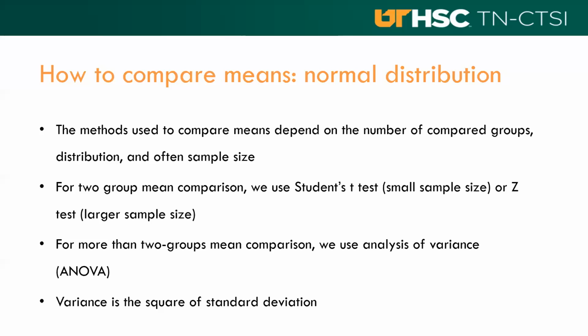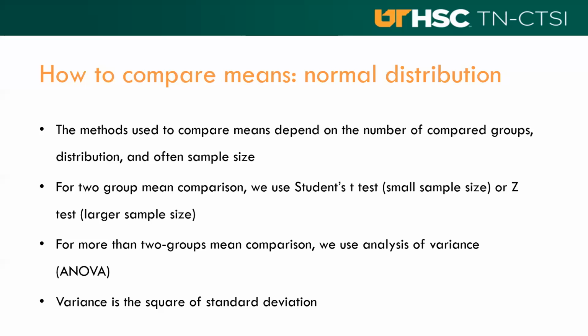And so in analysis of variance, we compare the variability between groups divided by the variability within groups. So combining all the data, we get the variability within group. And when we look at the variability between groups, so when we compare the between group variance over the within group variance, if it is greater than 1, usually if the difference is very huge, we found there is a significant difference.